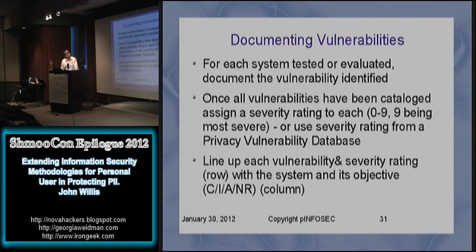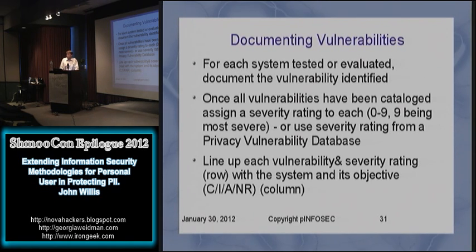So for each system tested or evaluated, you want to document vulnerabilities found. And then after you get all those, from all those systems or locations, you assign the severity rating. Sound familiar? But you have to create your own severity ratings because they don't really exist.